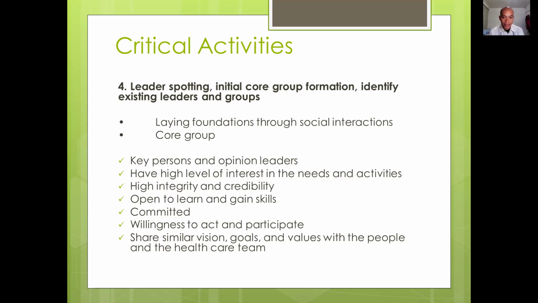Why do we do leader spotting? Okay, we have to identify who are the key persons and opinion leaders in the community. Okay, the key persons, of course, yung mga malalakas in terms of moving or malalakas yung decision making in the community, not only the barangay officials.